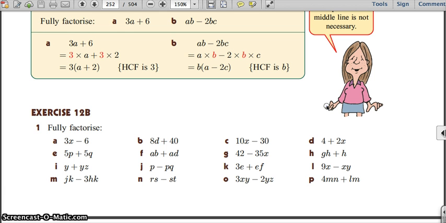So all you have to understand with factorising is about expanding, or I'll use the phrase pulling it apart. If we look at this one, 3a plus 6, if you were to pull this apart, which is a bit of a no-brainer for you now, you've got 3 times a.